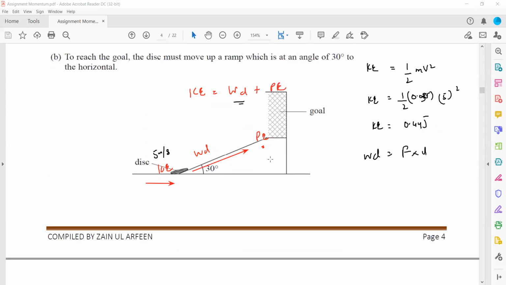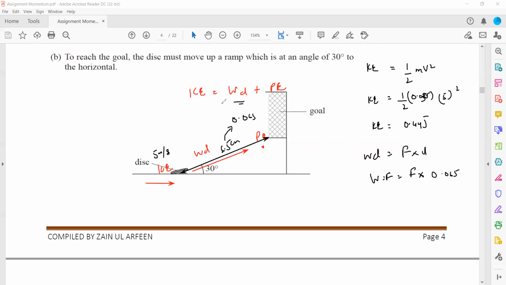This is the distance moved, which is 6.5 centimeter, and we should always use distance in meters, so it will be 0.065. So work done will be equal to force, which we don't know, times the distance, 0.065.